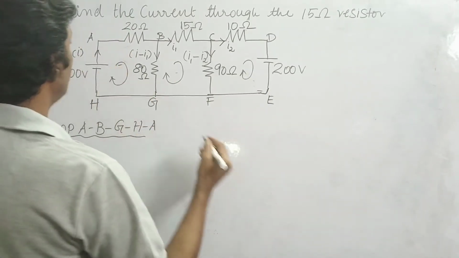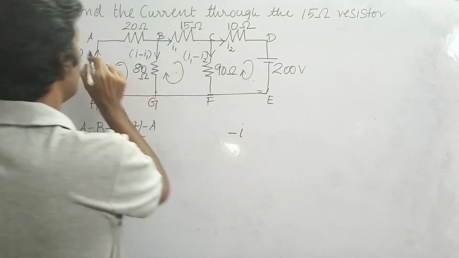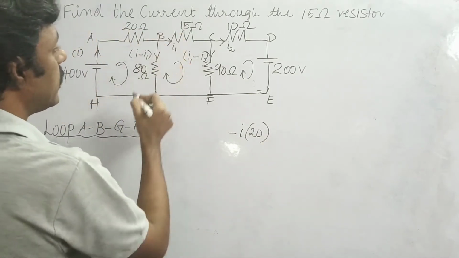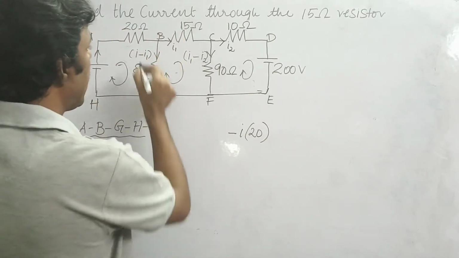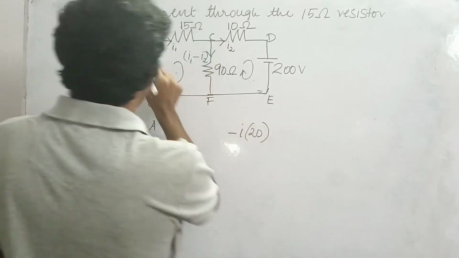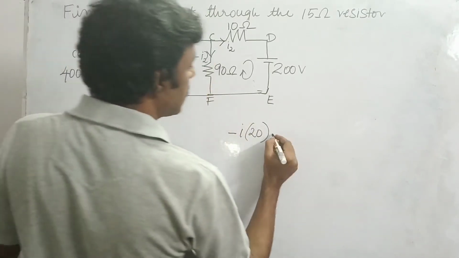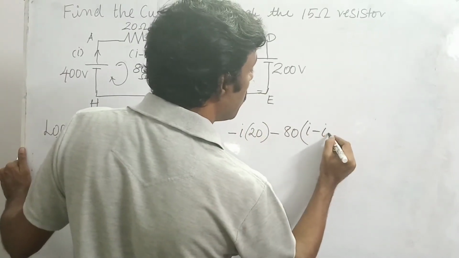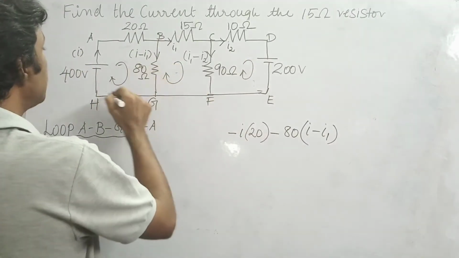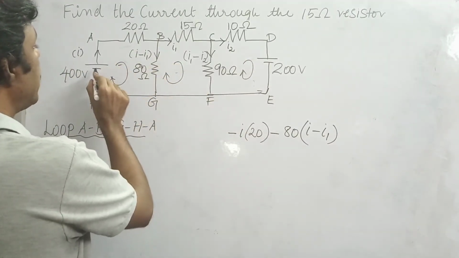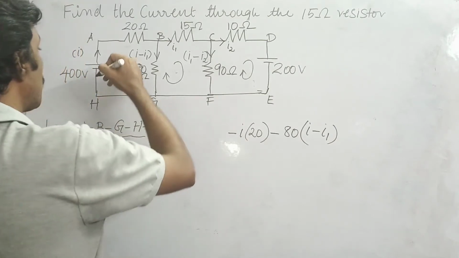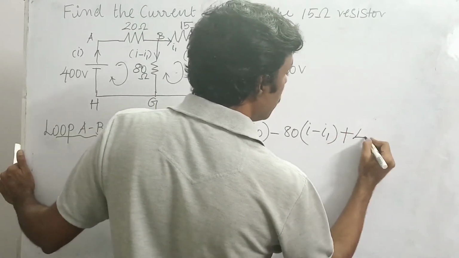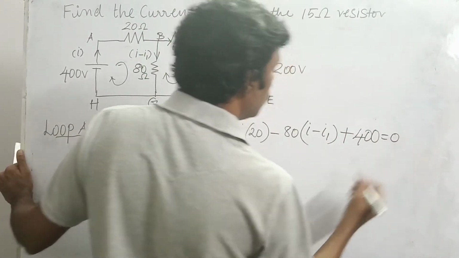The values will be minus I into 20, where 20 is a 20 ohm resistor. Again, if I travel in the clockwise direction, I encounter this current, that is the product of current into resistance, minus 80 into I minus I1. Similarly, when I am moving in this direction, the battery goes from minus to plus, so I add a positive sign, plus 400 equal to 0.